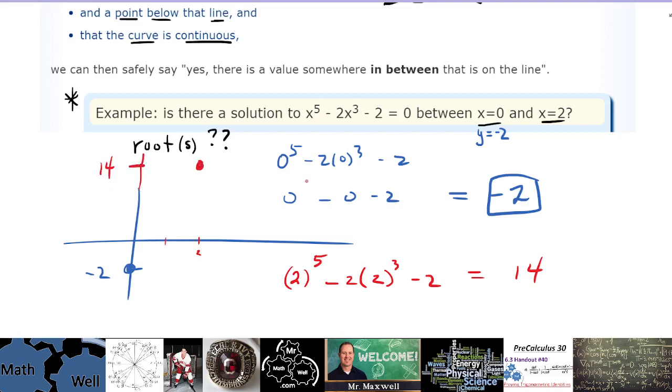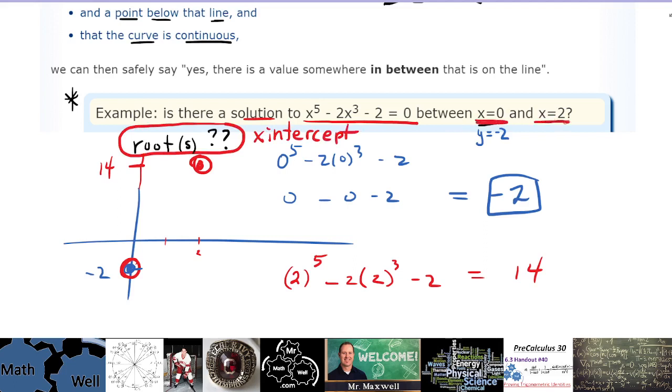Oh, interesting. So I have a point down here and a point up here. Is there a solution to this equation, which means, is there a root? Another way to put that: is there an x-intercept over this interval from 0 to 2?